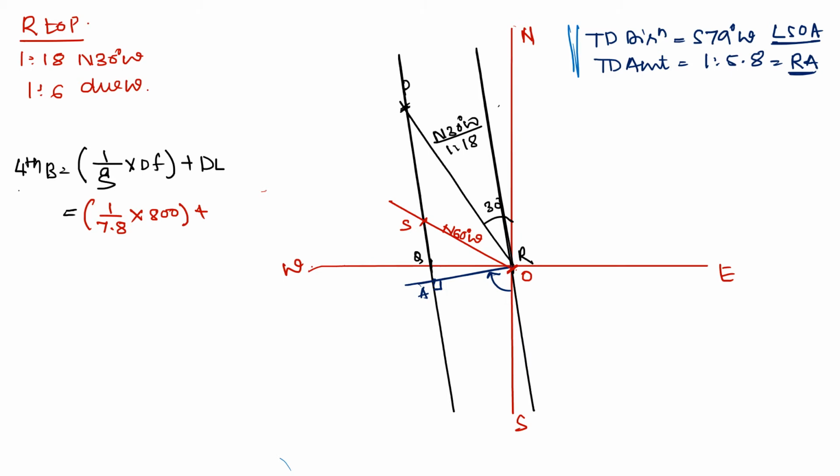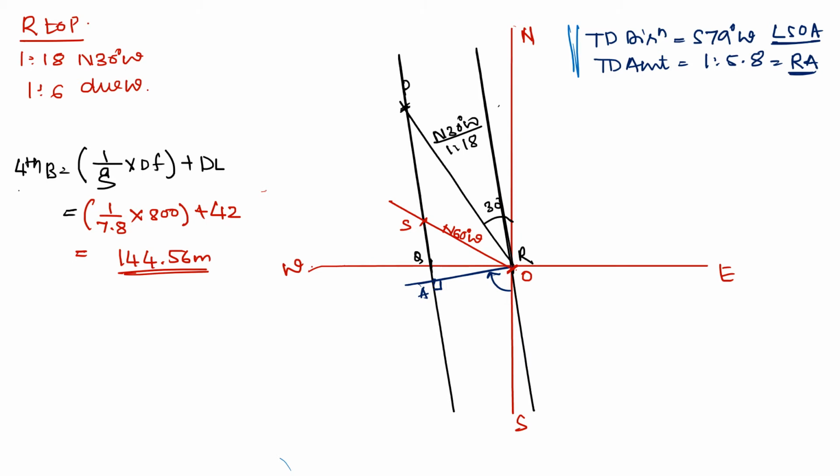Which is the least borehole? R is the least borehole, and that distance is 42. So let us solve this. You will get the answer as 144.56 meters. 144.56 meters is the perfect answer for it.